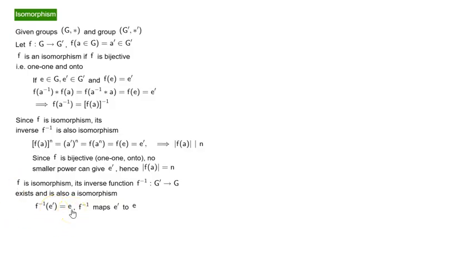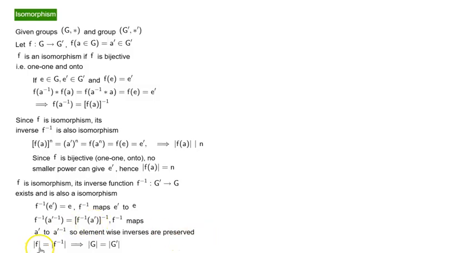It will map to E. So F inverse maps E prime to E. Similarly, the inverses are also reverse mapped, or in the sense it is preserved. So that means the order of F is equal to the order of F inverse, since both F and F inverse are one-to-one and onto, which implies that the order of G is equal to the order of G prime.